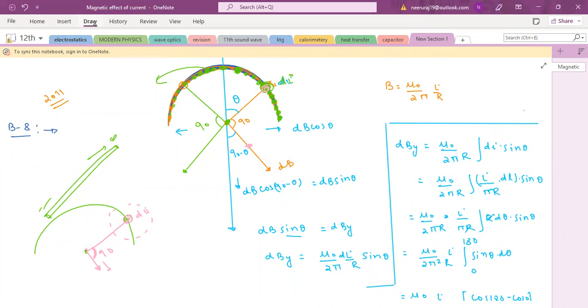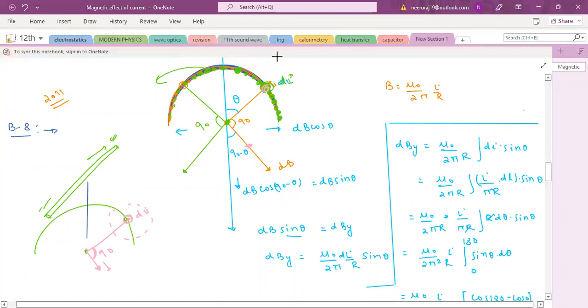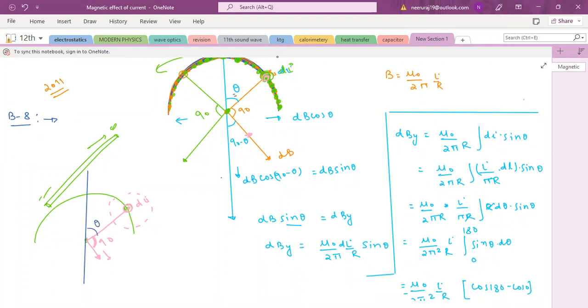Now what I did after that, due to symmetry, हम लोग ने एक line यहाँ से draw किया. I have drawn this line, right? Suppose let us assume this angle is theta. But if this angle is theta, this angle is going to be 90 minus theta.